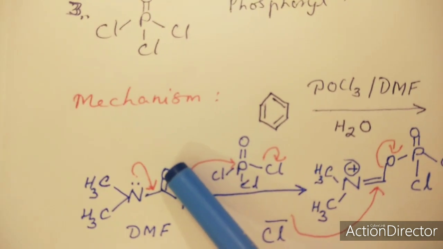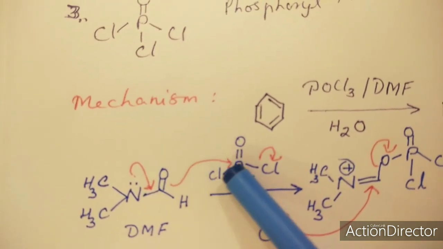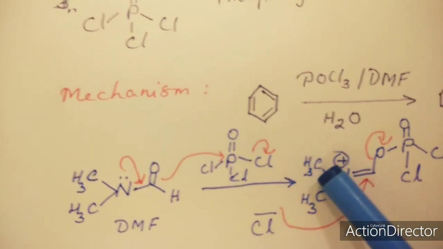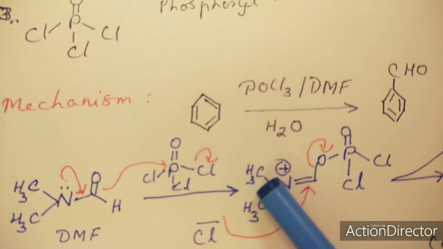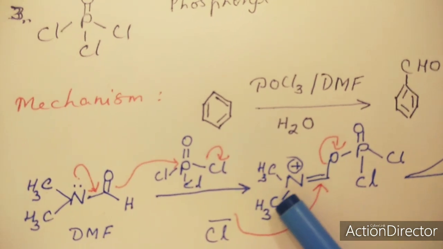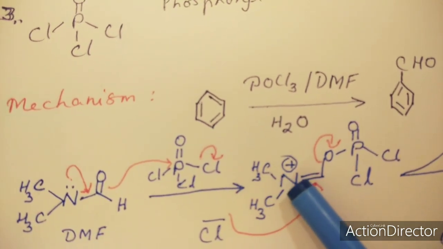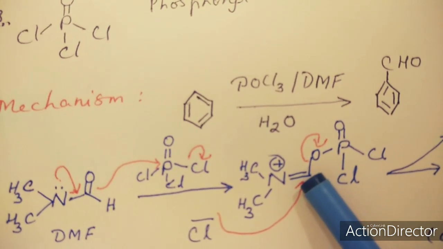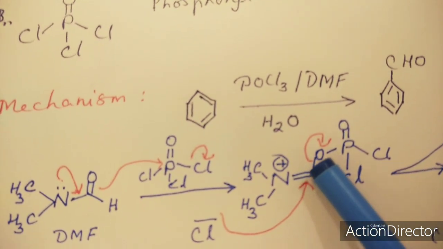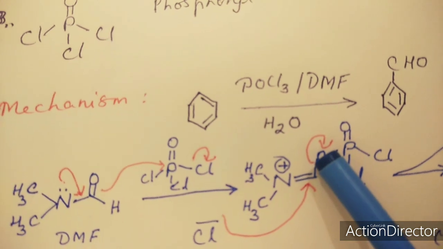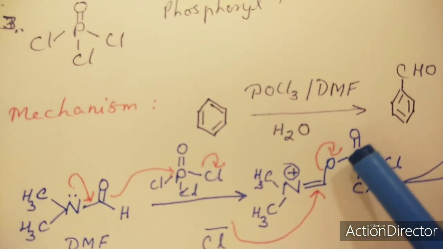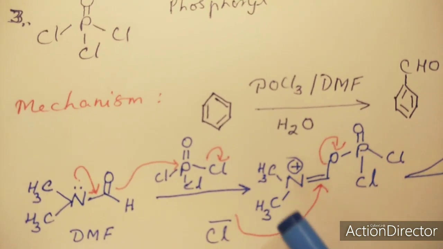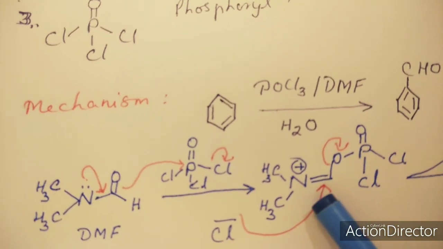And this O negative can therefore give electrons to P, thereby forming this compound where nitrogen shares its lone pair of electrons with the carbon, hence a double bond, and the carbonyl oxygen forms a bond with P because the Cl has now left in the form of Cl negative.